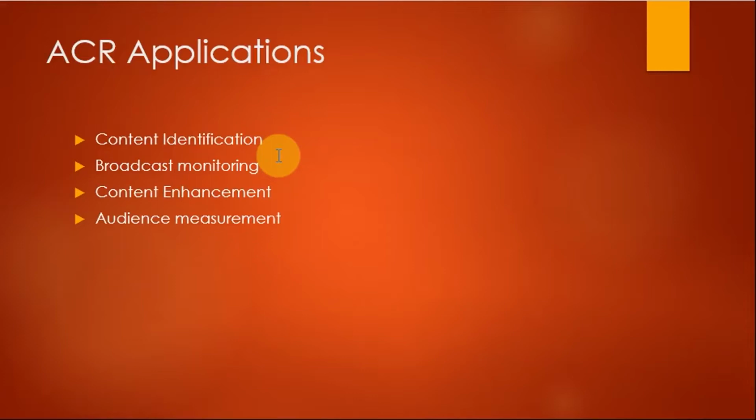So it's applicable in content identification, and also in broadcast monitoring, where broadcasters can monitor information about content played on TV and radio, like time of play, duration, frequency, etc. It's also applicable in content enhancement. Additional information can be presented to the user, since you can use a second screen.